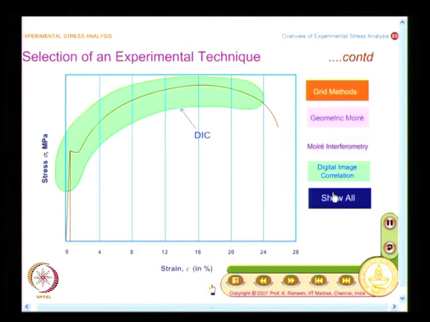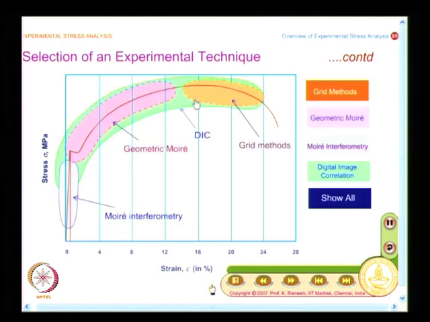Now you have a relative appreciation of various techniques: grid methods, digital image correlation, geometric moire, and moire interferometry. This gives you a reasonable appreciation of how to decide on the techniques based on the strain range.